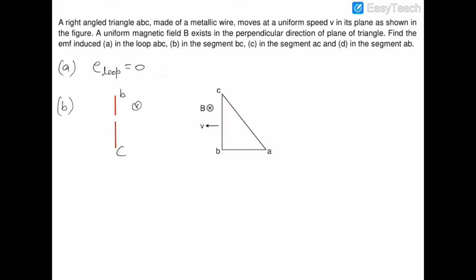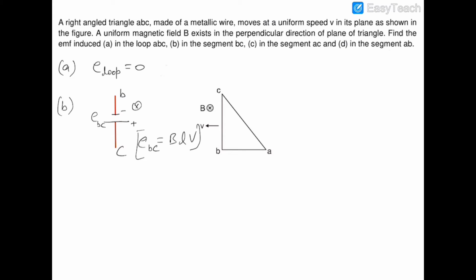So the second finger points towards the positive terminal of the EMF. Therefore this will be the positive terminal and this will be the negative terminal, and this EMF will be E, and E_BC will be equal to BLV, where B is the magnetic field, L is its length, and V is the velocity.